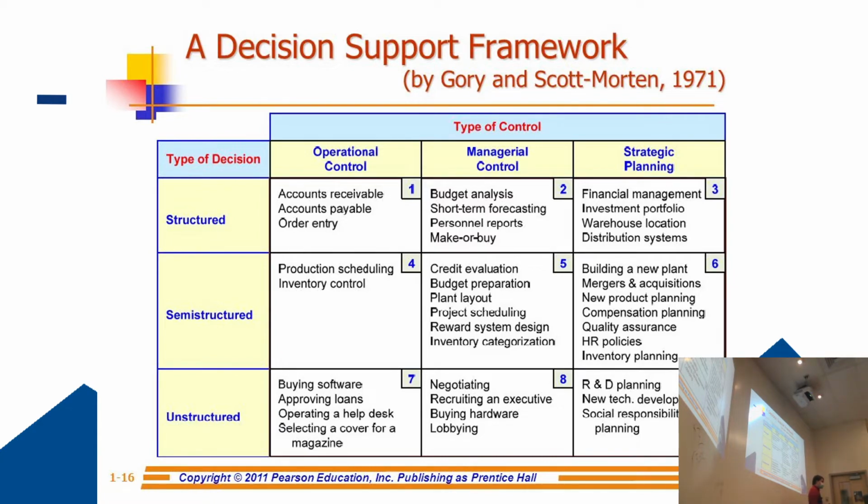So unstructured decisions, the outcome is almost completely unknown. So for instance, R&D, research and development. If you invest $1 million into R&D, what will the outcome be? Do you have any idea? No, you don't. Okay, even if you were at a company and you invested the $1 million for R&D, you still wouldn't know what the outcome would be.